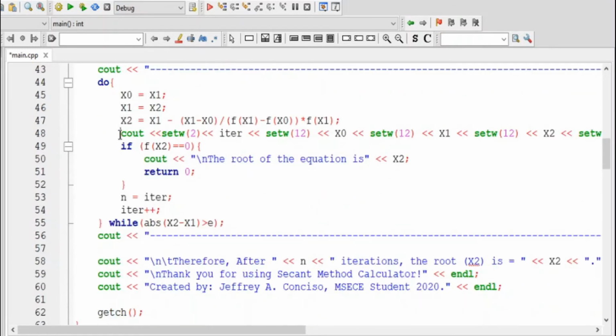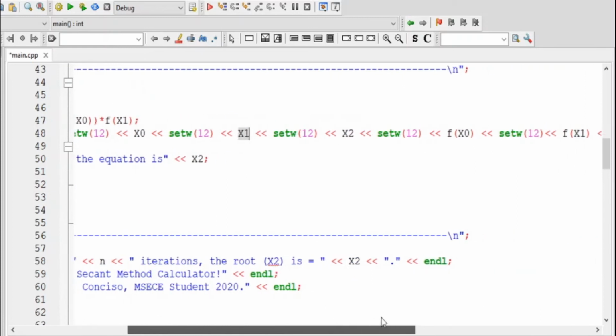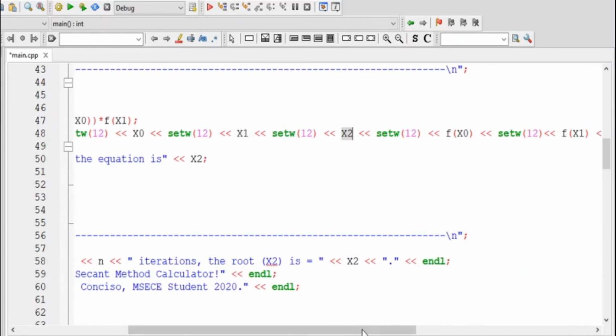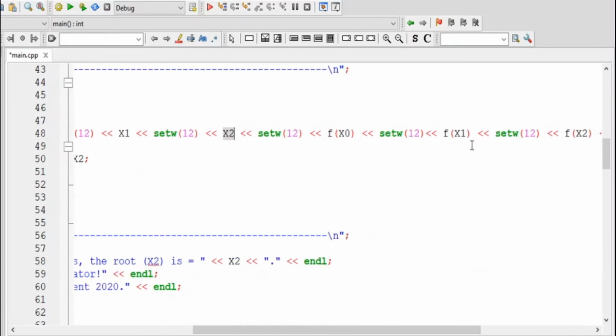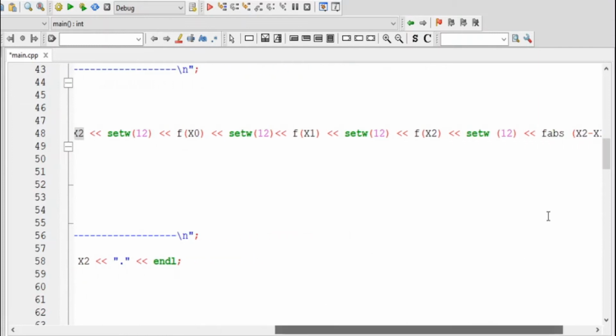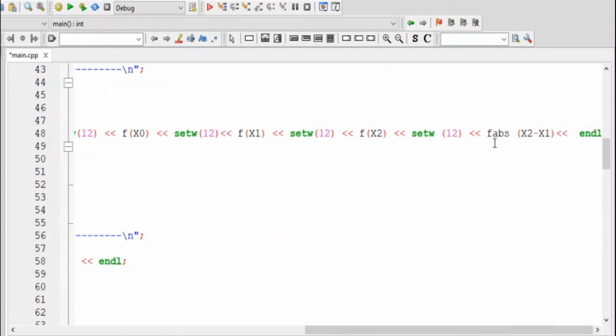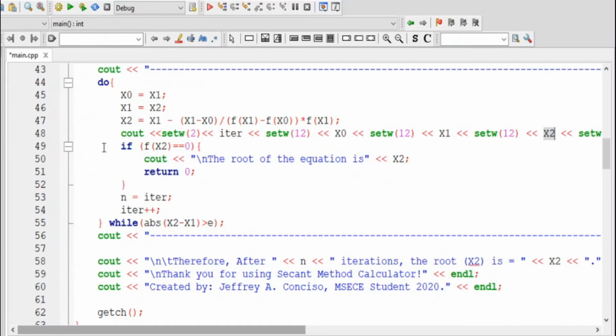Okay, and then we will print the values of the iteration, first iteration, and then x sub 0, x sub 1, x sub 2, their functions of x sub 0, x sub 1, and x sub 2, and the absolute value of x sub 2 minus x sub 1, which is the accuracy.